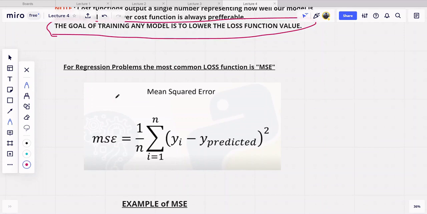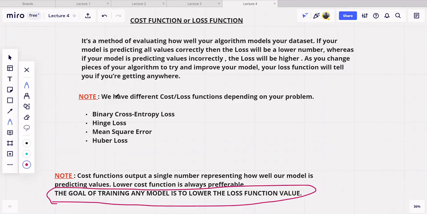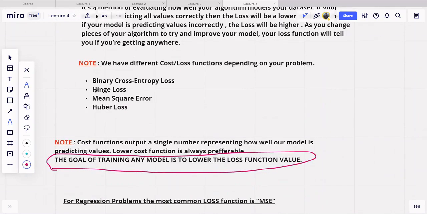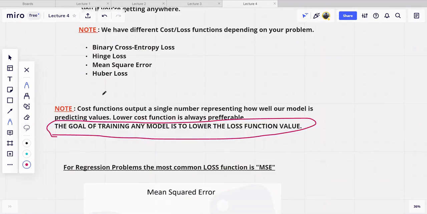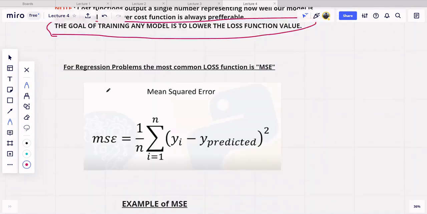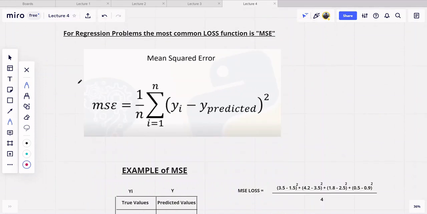There are also other kinds of loss functions like binary cross entropy, hinge loss, and Huber loss. For every machine learning problem there are different kinds of loss functions. Since we are doing simple linear regression, I will look at the most popular one, mean squared error. You may be seeing the formula in front of you here. The formula is not that hard.